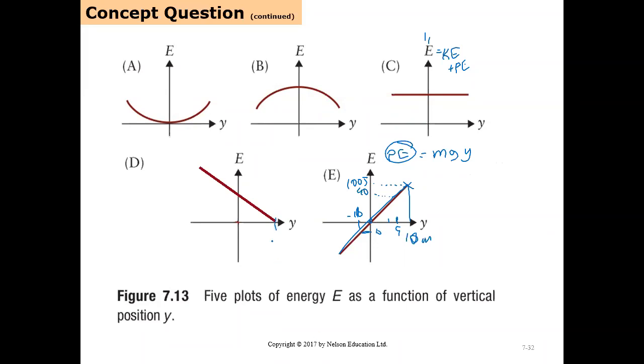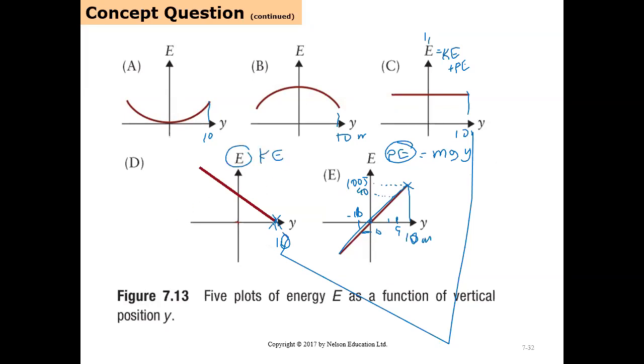So at 10 meters, the kinetic energy has to be 0. This is the only graph which gives you, at 10 meters, kinetic energy of 0. So this must be the kinetic energy.